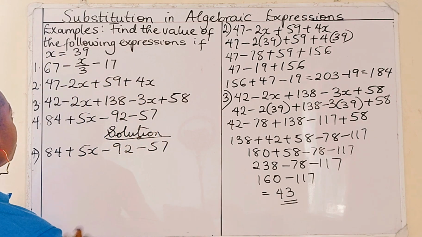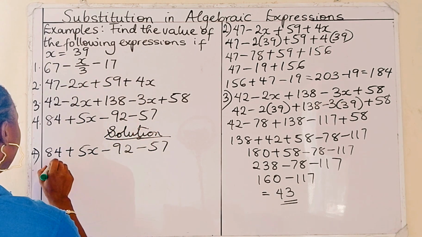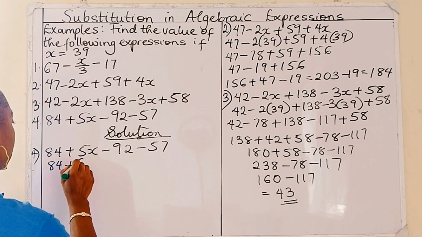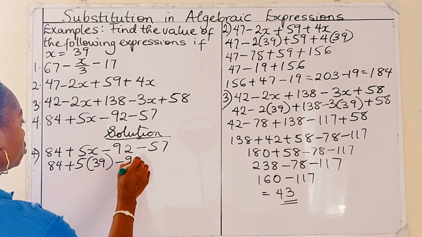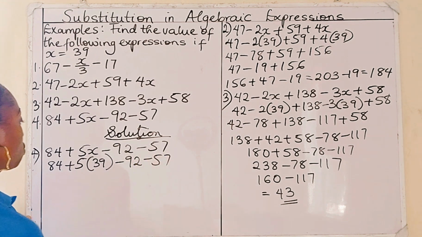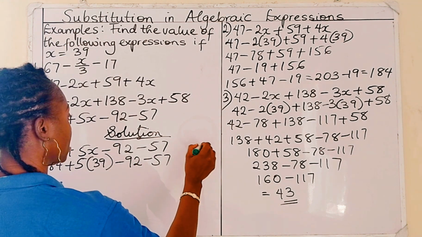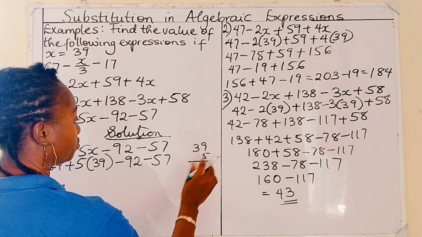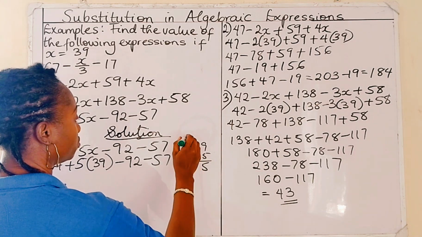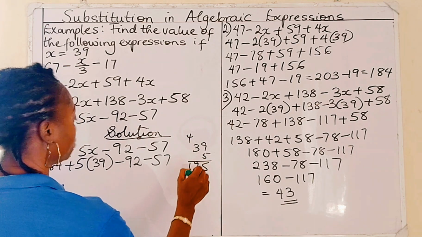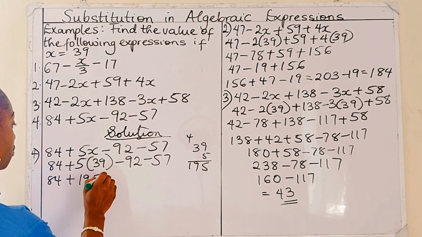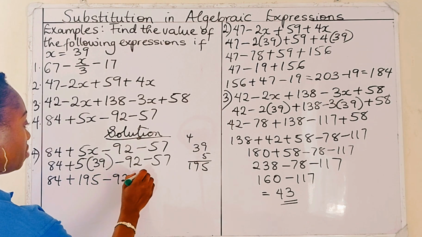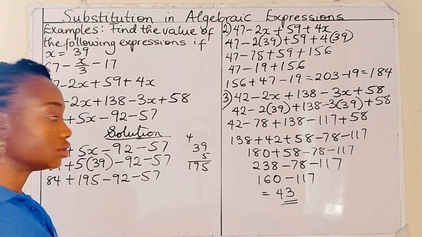We're going to replace x here with 39, and then we'll have 84 plus 5 into bracket 39 minus 92 minus 57. So what's 39 times 5? That's 84 plus 195 minus 92 minus 57.